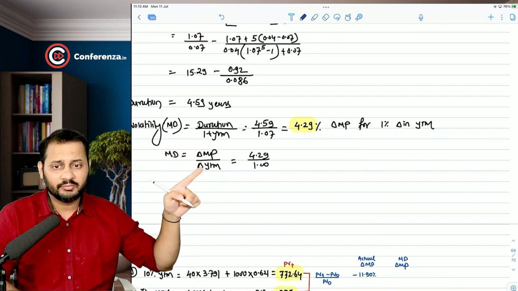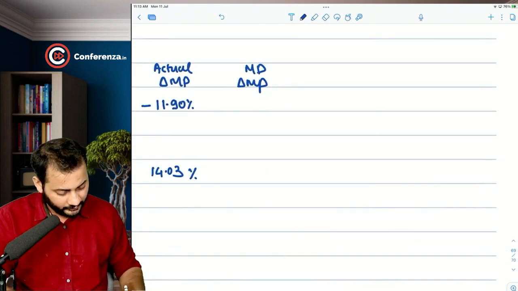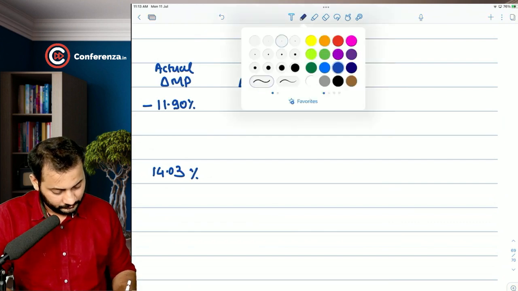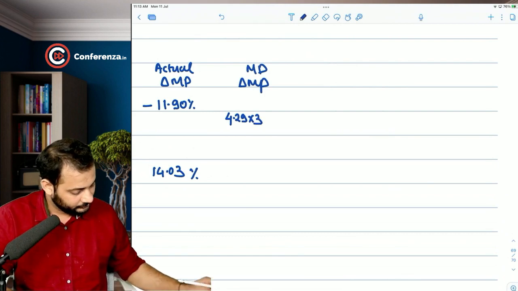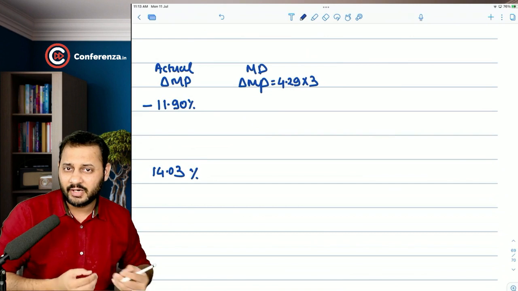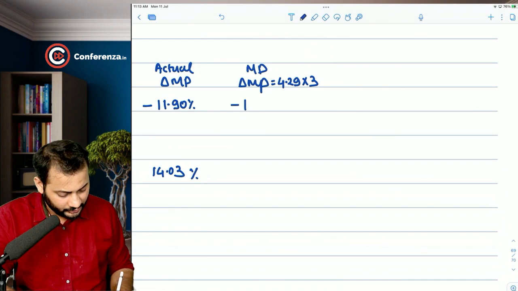So take 4.29 and multiply it with 3%. 4.29 multiplied by 3. Am I right? Because we are changing the YTM by 3%. So according to the modified duration, this should have been 12.87%. This should also have been 12.87%.